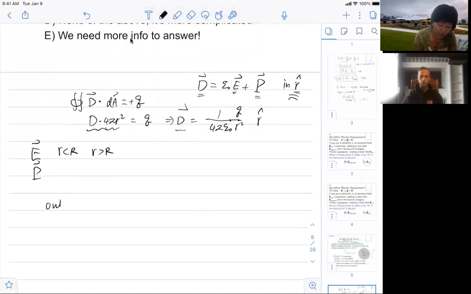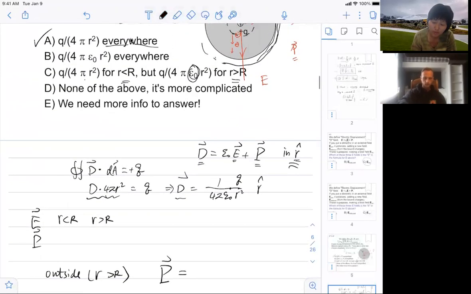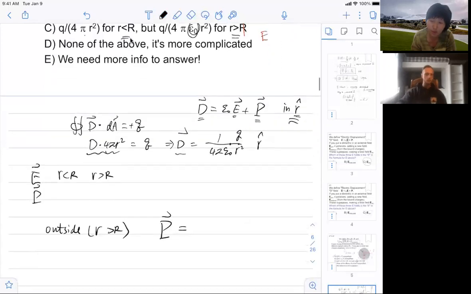So let's look at the outside region. What is the polarization outside of the sphere? Do you have any polarization outside of the sphere?